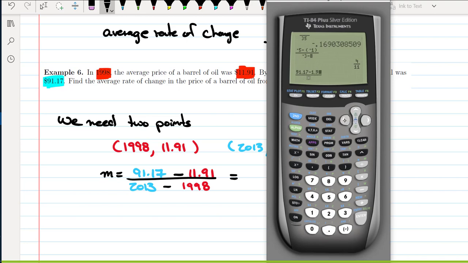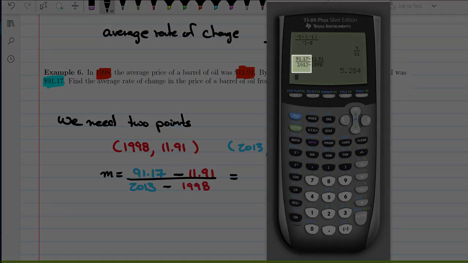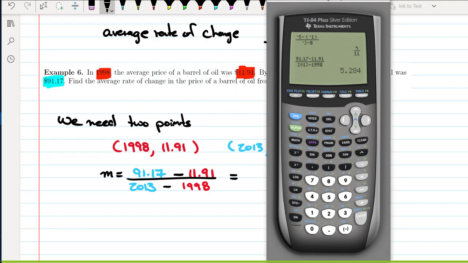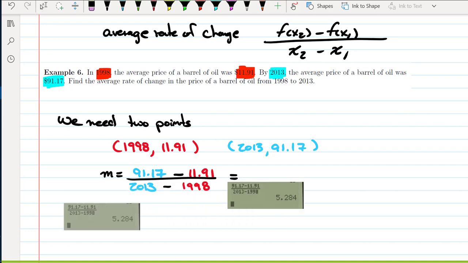Helps if you type in 11.91, 2013 take away 1998. And we press enter. And we get this value right here.